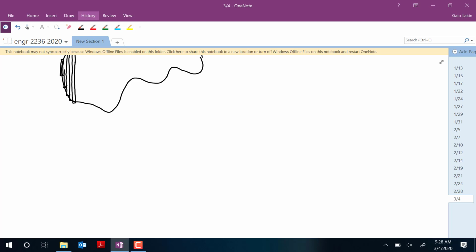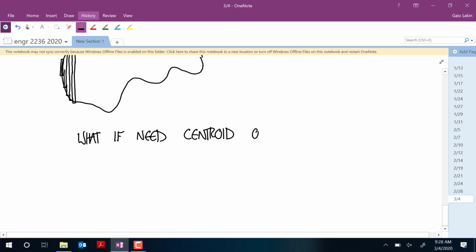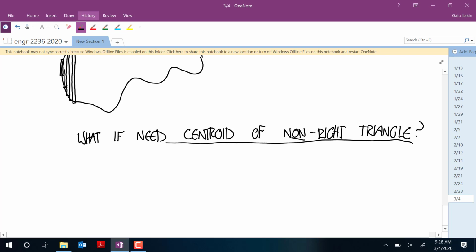Okay, what if you need the centroid of a non-right triangle? Because that calculation I just did and the formula I gave you last time is just for right triangles.